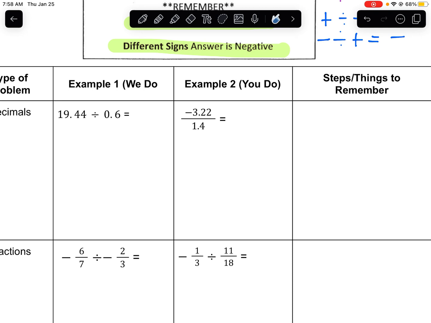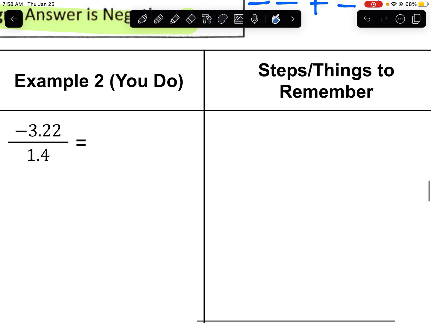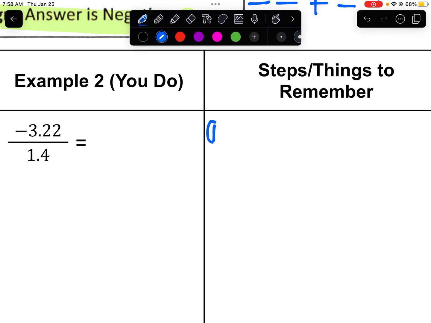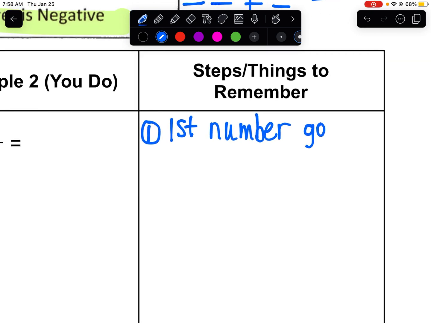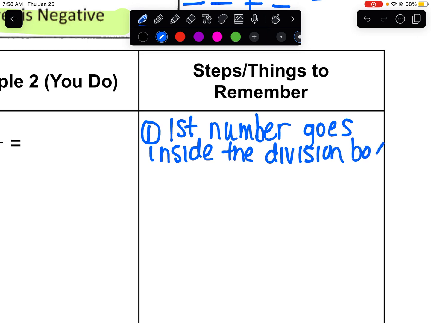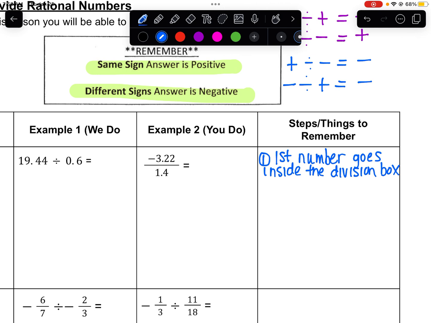So there's some things that we need to remember when we divide decimals. The first number always goes inside the division box. So when I set this up, I'm going to do 19.44 inside and 6/10 on the outside.